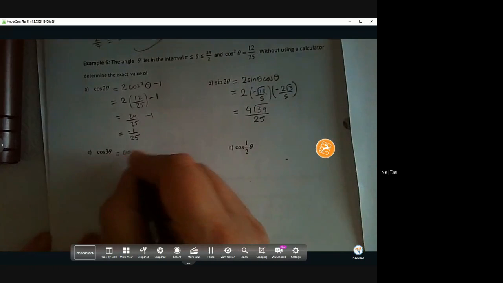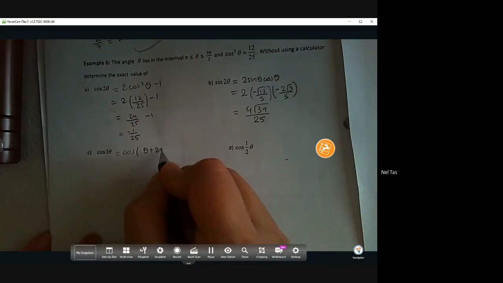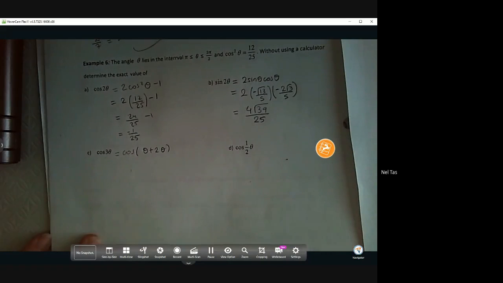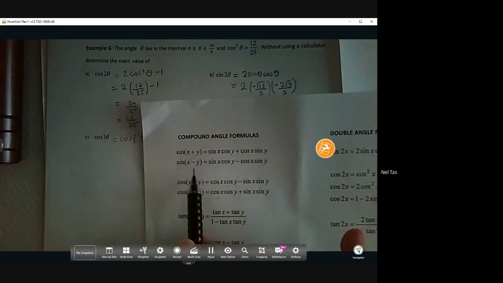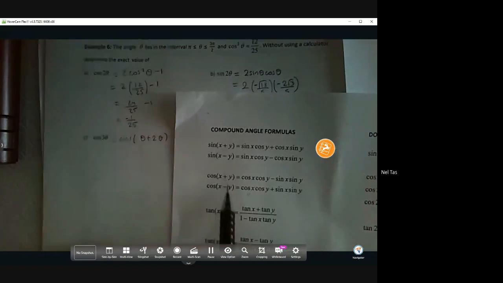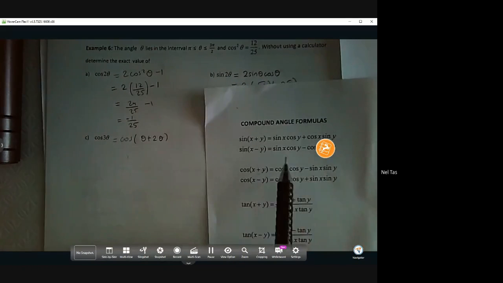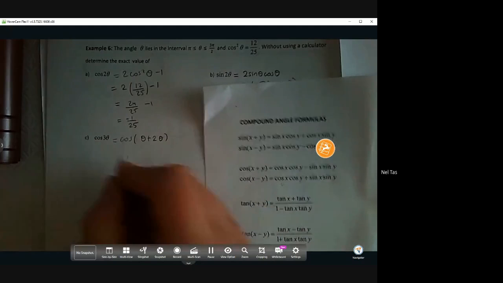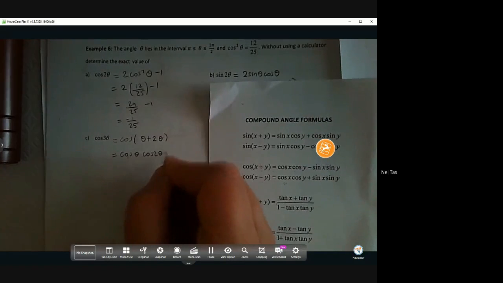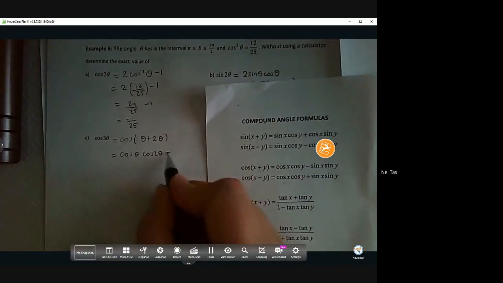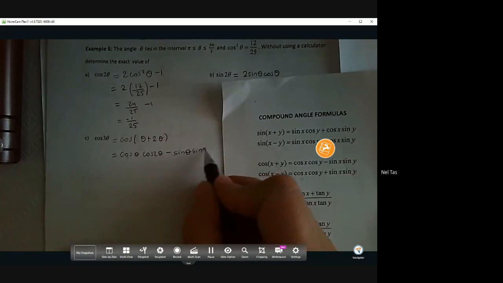But if we write this 3 theta as theta plus 2 theta, and now instead of using the double angle formula directly, we can use the compound angle formula. Theta plus 2 theta, we can use the cos x plus y formula. That will give us cos x cos y, cos theta cos 2 theta, minus sine theta times sine 2 theta.